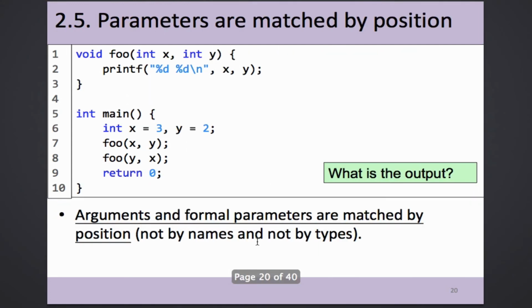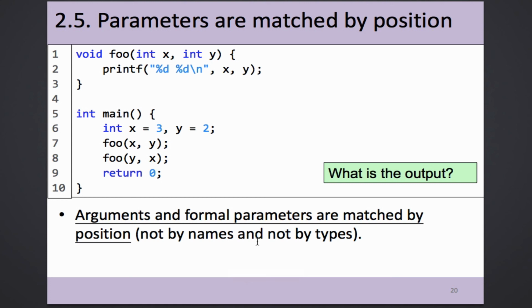Okay, I have talked about it. And one more thing is, if you have inputs, basically the inputs are matched by location. Say you put X and Y, so that means you put 3 and then 2.